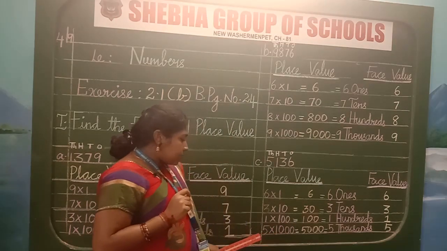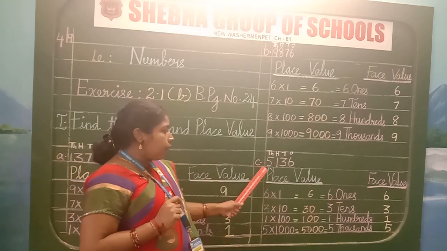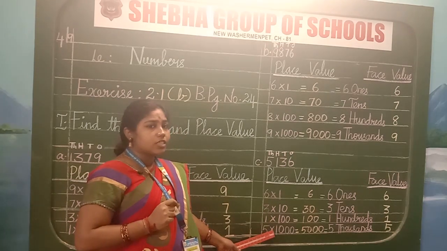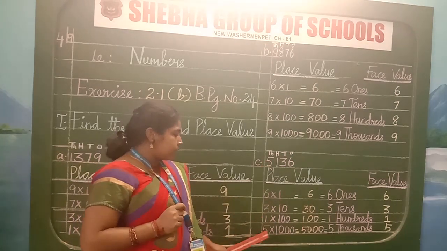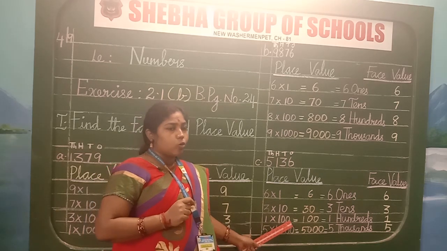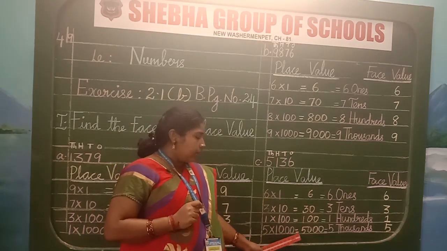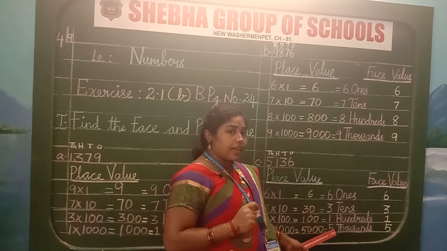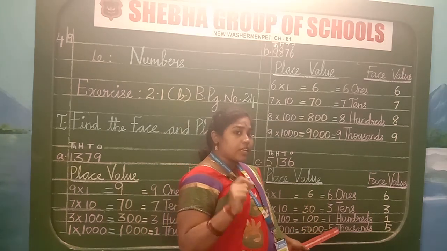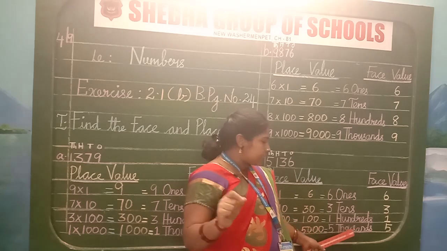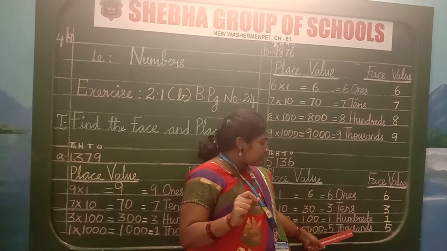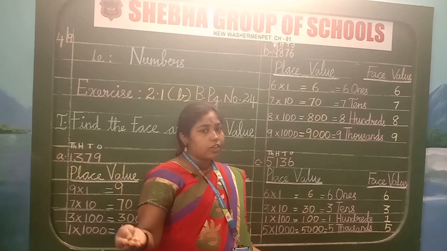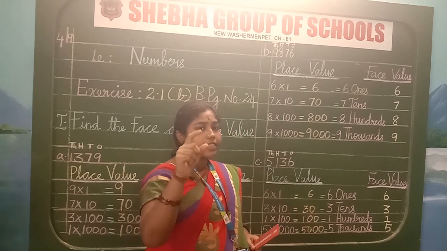And at last we are going to write the number 5 into, what is the place value for this, children? Thousands. 5 into thousands, 1000. We get the answer 5000. We can write that in words as 5000s, thousands. And in the face value side, write the number as 5.